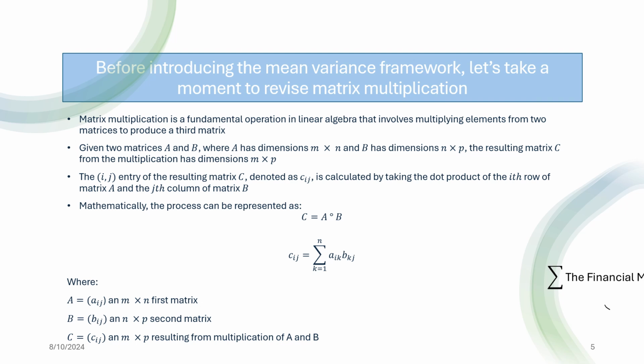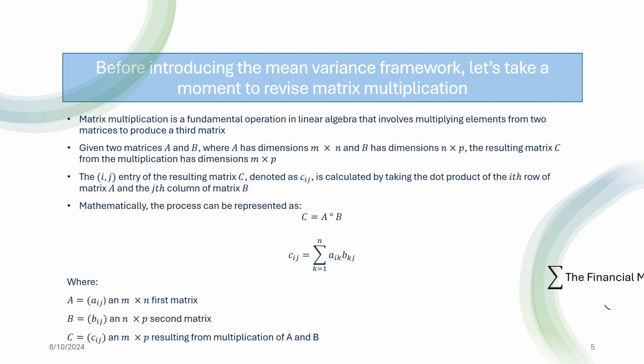So now the individual entry ij of the resulting matrix C, denoted by a small c, C subscript ij, being an element of that matrix, is calculated by taking the dot product of the ith row of matrix A and the jth column of matrix B. Mathematically, this can be represented as matrix C equals the dot product of matrices A and B, or expressed in terms of individual elements.